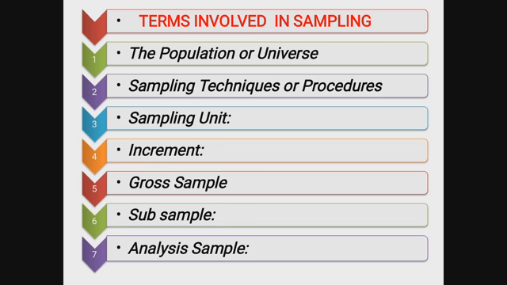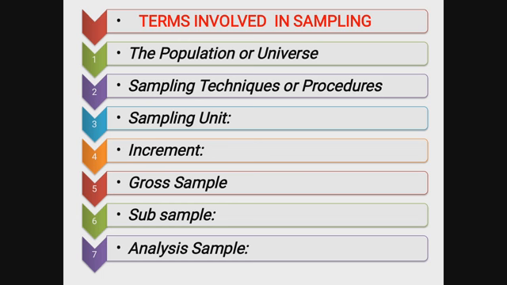In the last lecture, we learned about the second unit from paper number one, the general concept of analytical chemistry. The name of the unit is preliminary operations in chemical analysis, quantitative analysis.